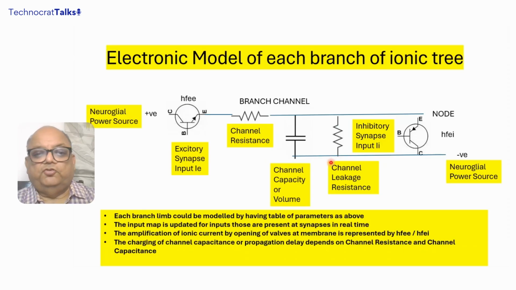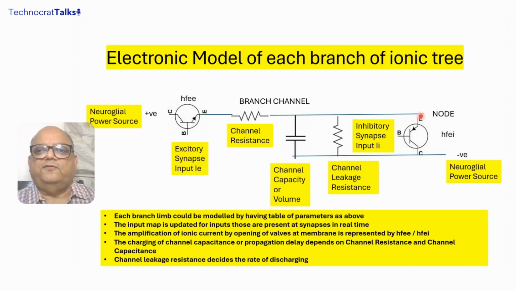So the channel leakage resistance decides the rate at which it is discharging, or the previous information is vanishing. It has to vanish after some time; of course, it can't stay there indefinitely. And this is the output side of the limb, which is connected to a node or to N0, and that's how it is.